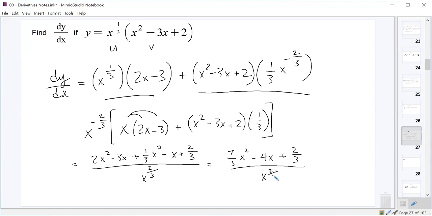And if we wanted to go even further, so we didn't have fractions there in the numerator, we could just multiply by 3 over 3 and drop the 3 to the denominator, giving us 7x squared minus 12x plus 2, all over 3x to the 2/3.